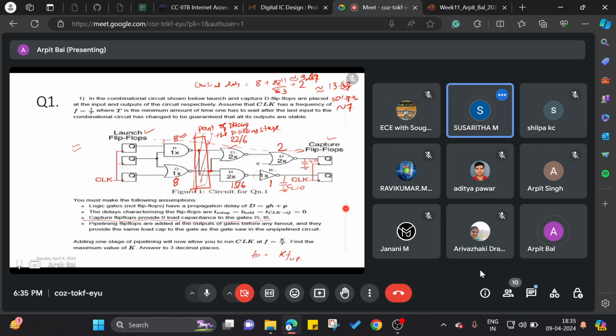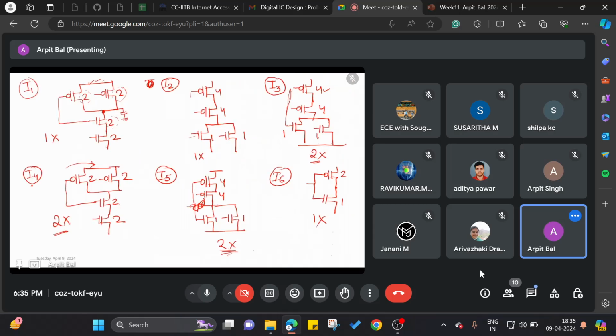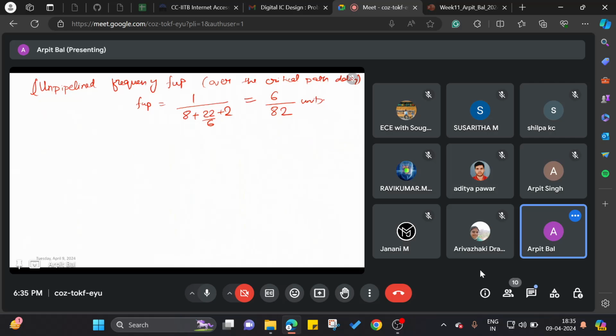Correct. So it means we can take 8. So 8 is the critical path delay after using one stage pipeline. So FP is equal to 1 by 8.